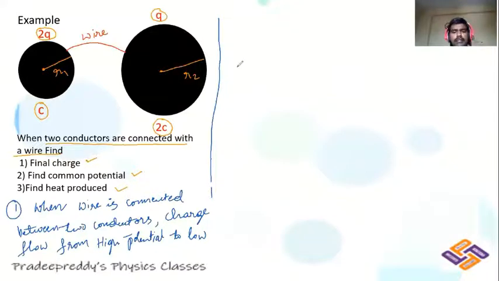Now let us find out the potentials of those two conductors. First, let me write down the potential of the first conductor, V1. V is equal to Q divided by C, that is 2Q divided by C, its capacity. That is the potential of the first conductor. Now what about the potential of the second conductor? V2 will be equal to Q, the charge accommodated here, divided by its capacity, which is 2C.